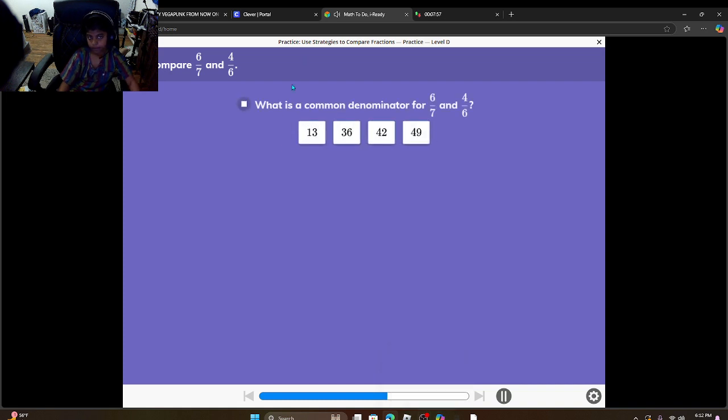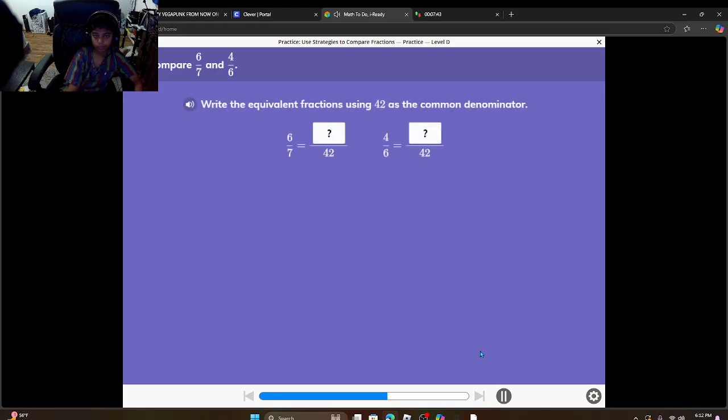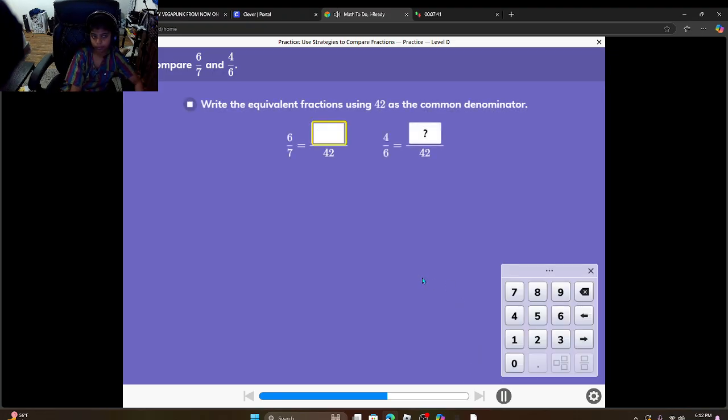What is a common denominator for 6/7 and 4/6? This is just times these two by 6. 7 and 6, 42. Write the equivalent fractions using 42 as the common denominator. Times that by 6, 36.